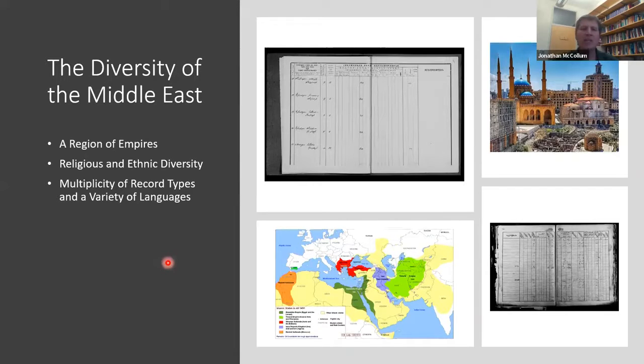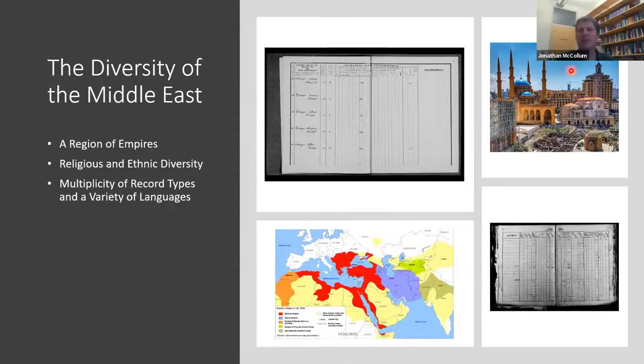And that is evident when you take a look precisely at the landscape of the Middle East. If you were to look here at the modern city of Beirut, you can notice just from the architecture this diversity.